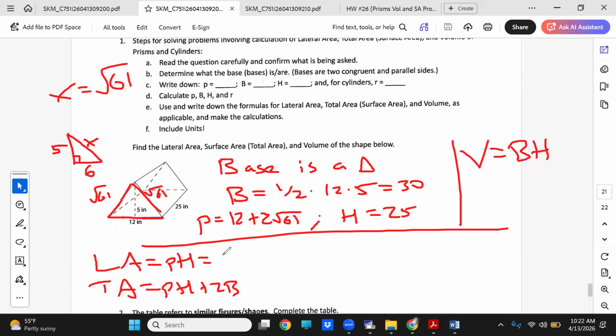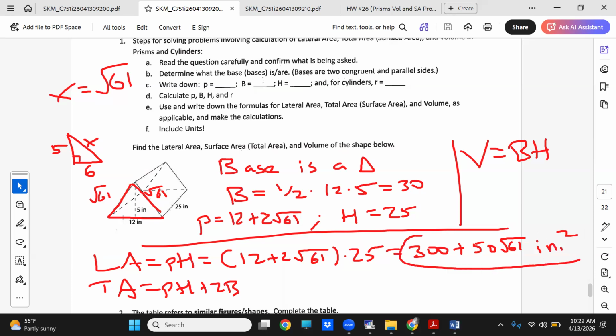Okay, so my perimeter is just very straightforward. You just do this. Technically, if you leave your answer like that, that's okay. I'm actually 100% comfortable with that. Or you do this. And that's square inches. This one, I'm taking what I got earlier.